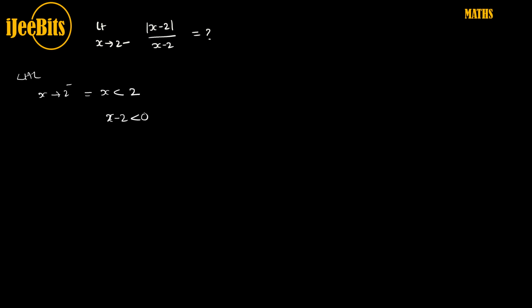So x minus 2 is negative. What this implies is modulus of x minus 2 would be minus of x minus 2. This is what indirectly you have to understand. Now if you rewrite this function, limit x tends to 2 minus, minus x minus 2 divided by x plus 2.